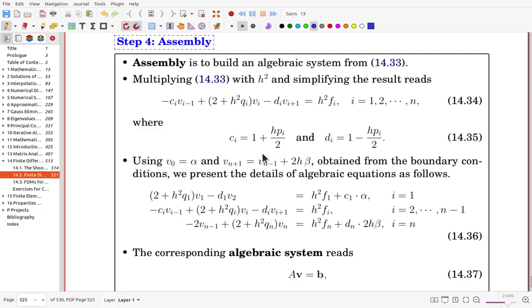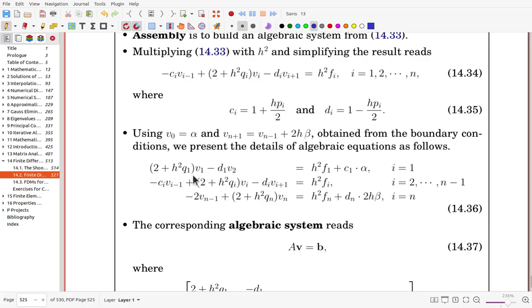Of course, ci is defined in this way, di is defined in this way. So ci will occupy the sub-diagonal entries, and this is for the diagonal, and this is the upper portion of the diagonal. And of course we are using this one again, and now we gather everything here.